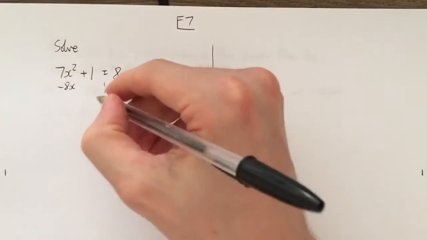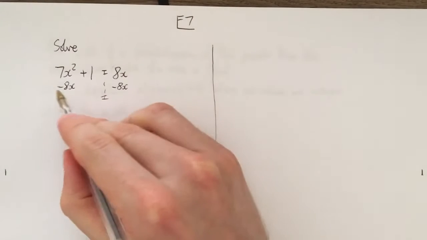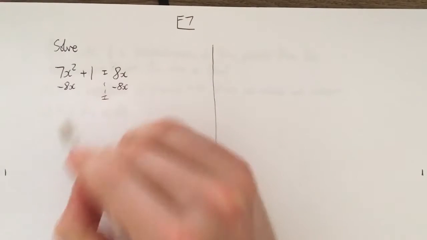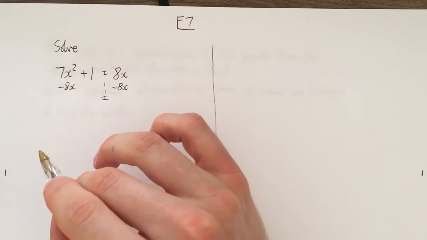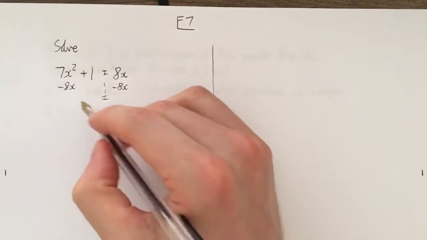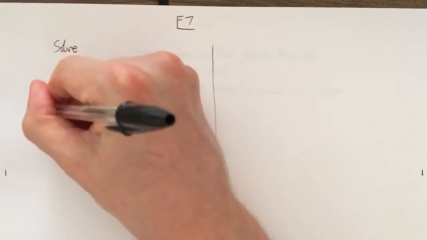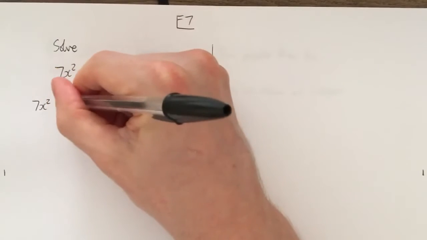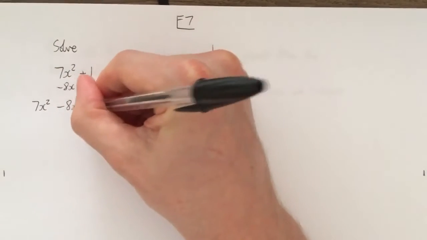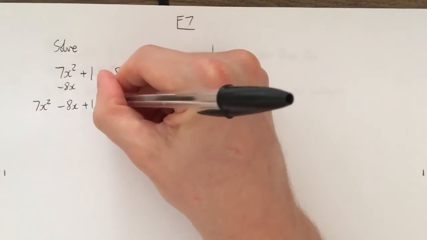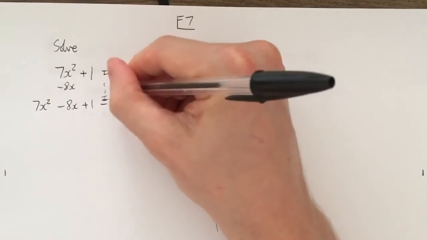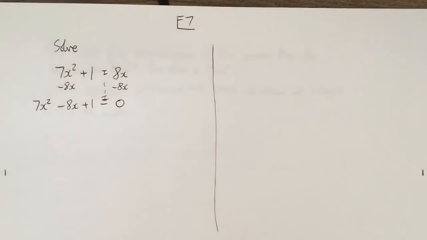Now the way I want to lay this out is having the x squared here, the x here, and the number by itself there. So I've got 7x squared minus 8x plus 1, and that equals 0, because 8x minus 8x is 0.